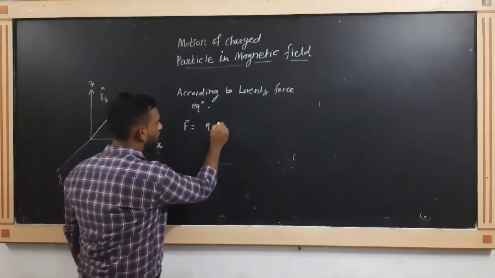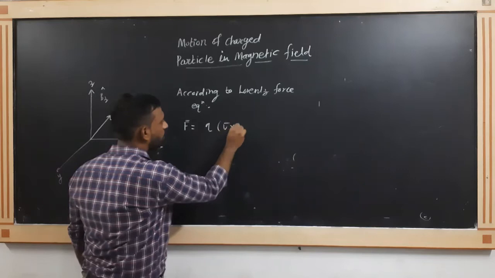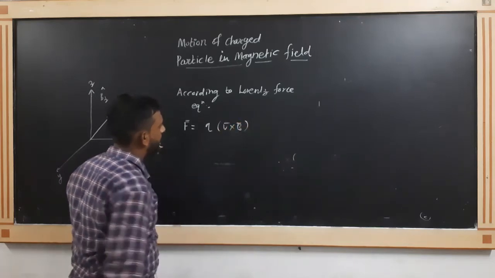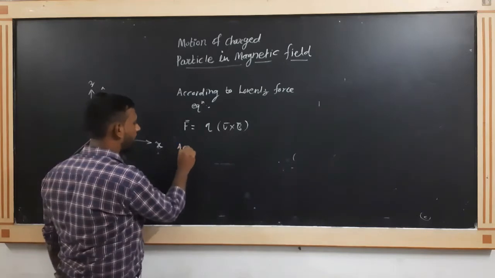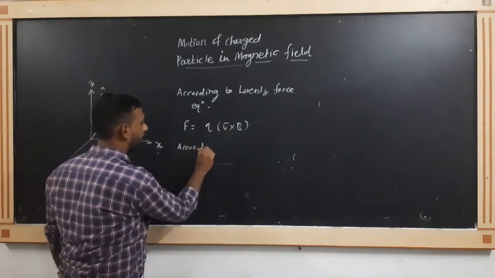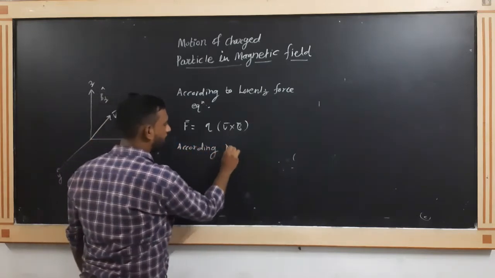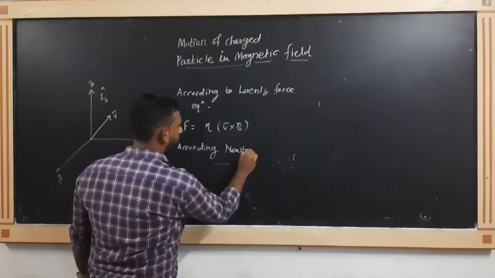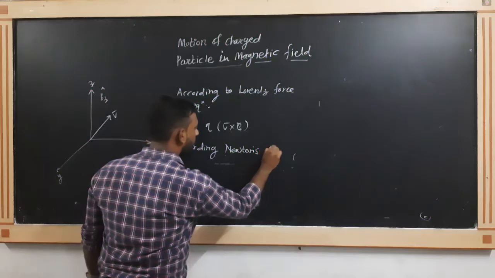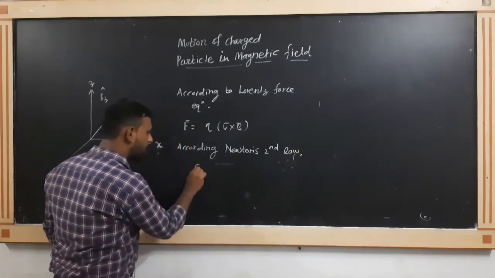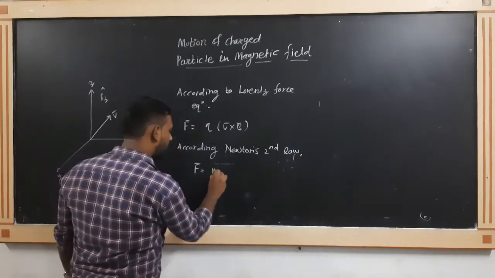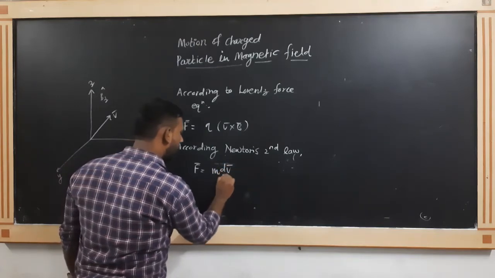And according to Newton's second law of motion, F bar is equal to M dV by dt.